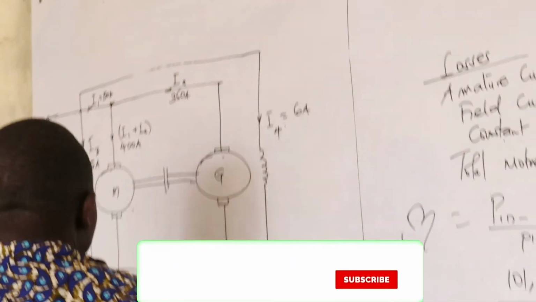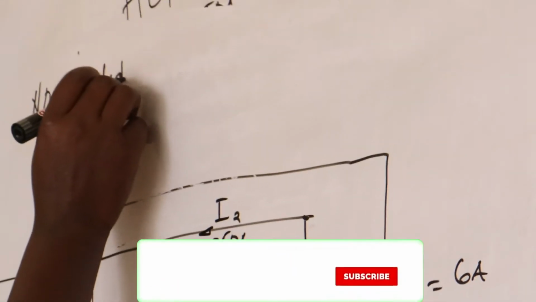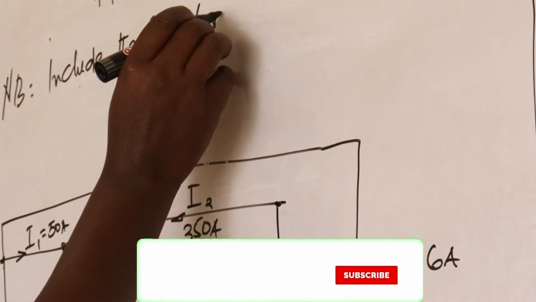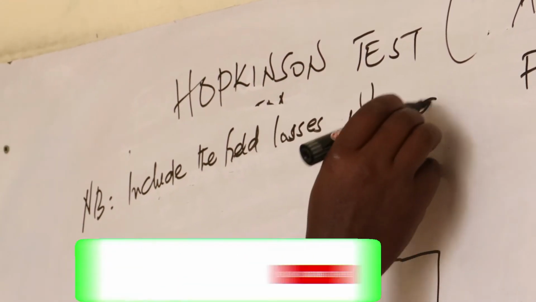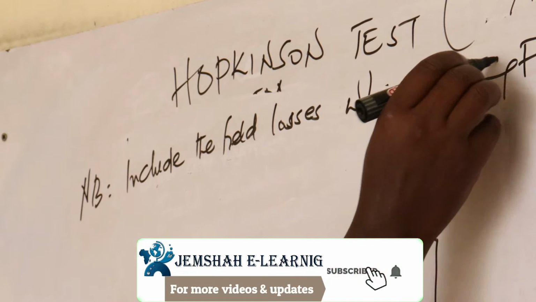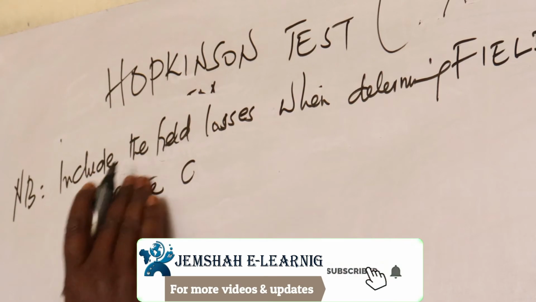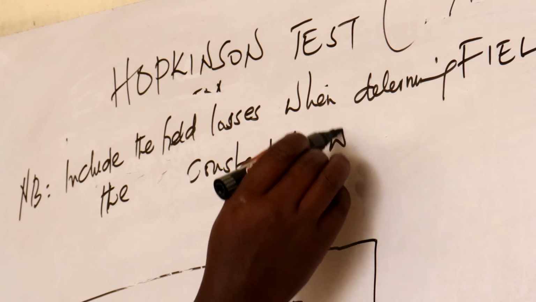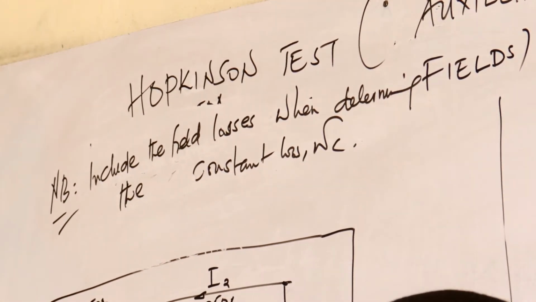Here, point to note, NB: include the field losses when determining the constant loss, WC. So when they talk of auxiliary, the circuit will be like this, but include the field losses.